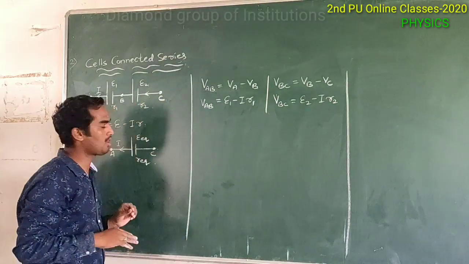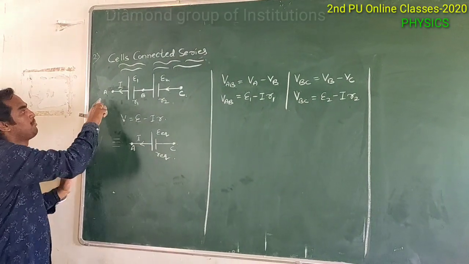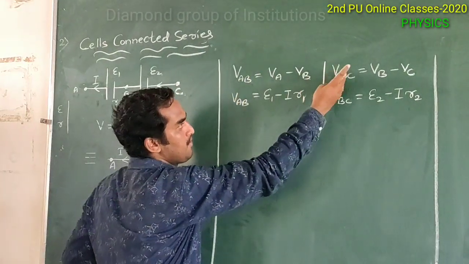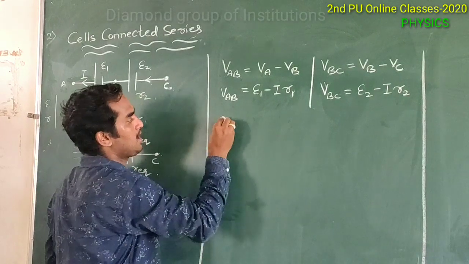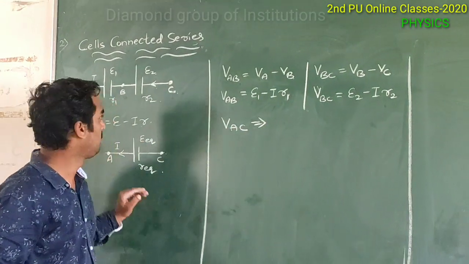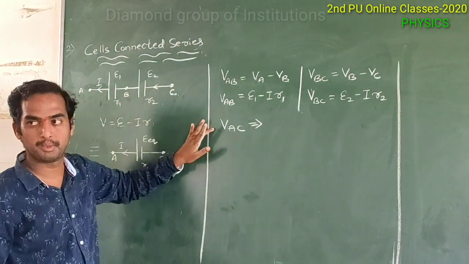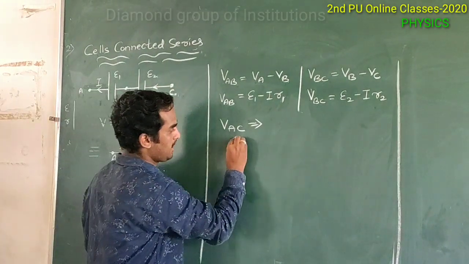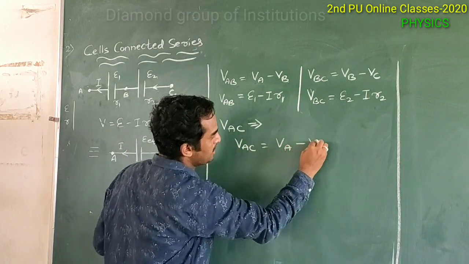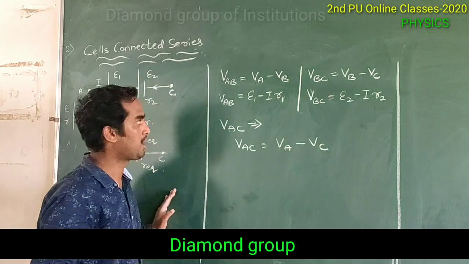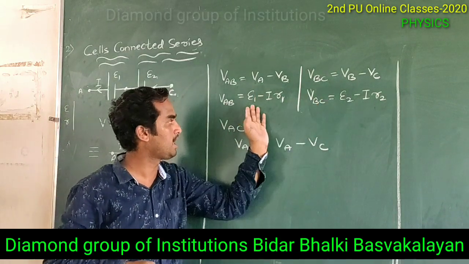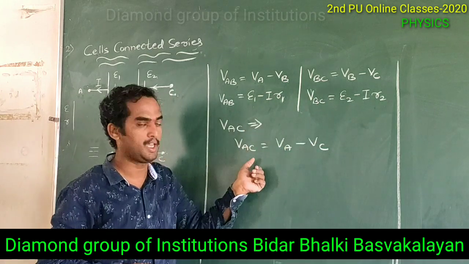But actually we want the potential difference between A and C. Here we have VAB and VBC, but actually we want VAC. From A to C, what will be the potential difference? We can write VAC equal to VA minus VC. But we have the values of VAB and VBC, and there is no value given for VAC.